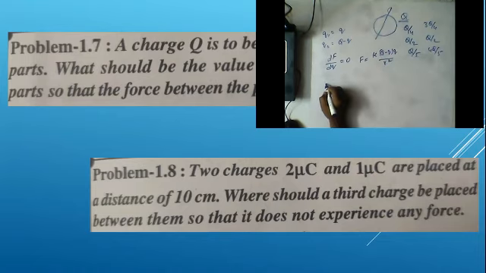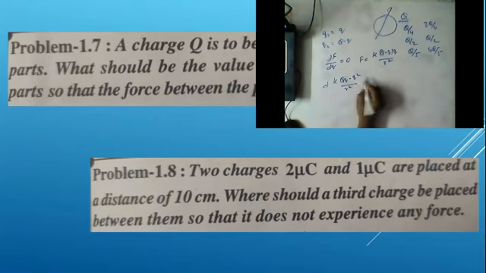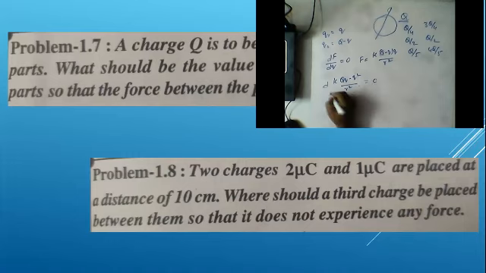So dF, we can write it as d of K into (Qq minus q²) by R square, is equal to 0 by dq.